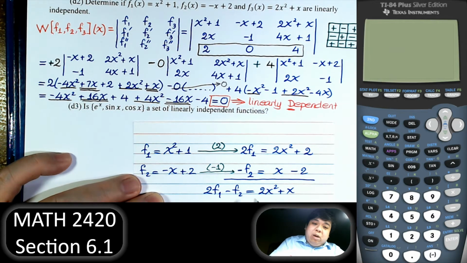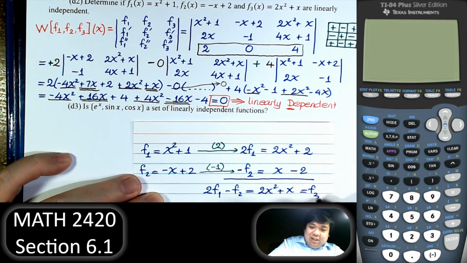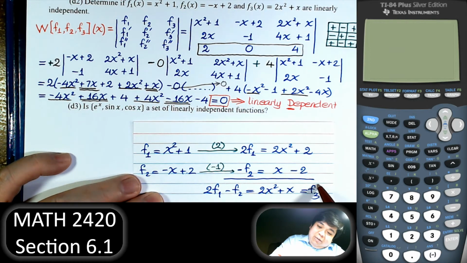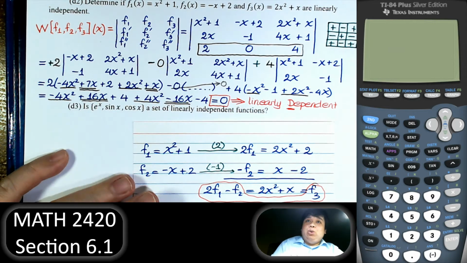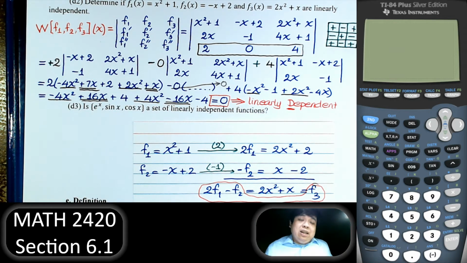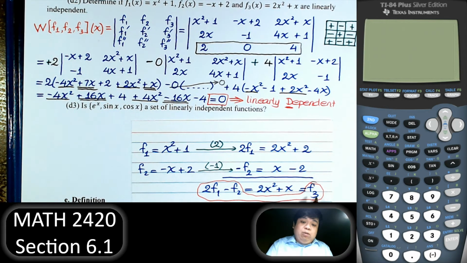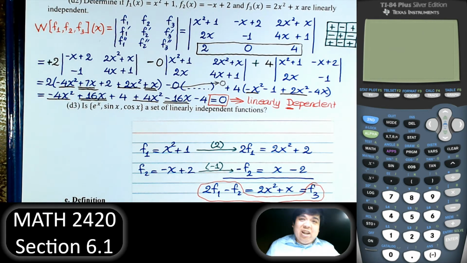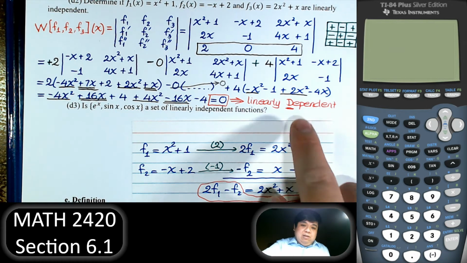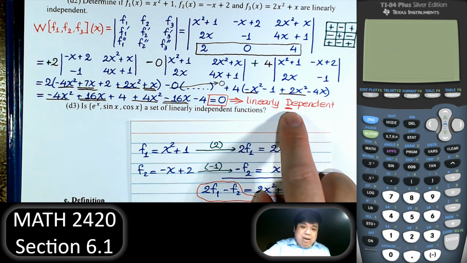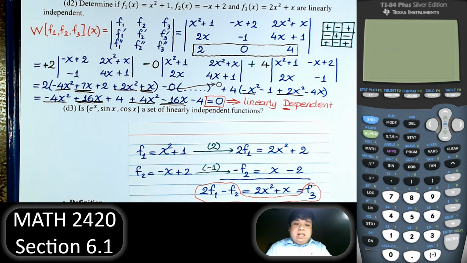By the way, 2x squared plus x, that is f3. So what we show is f3 can be written as a linear combination of f1 and f2. Because of that, they are linearly dependent. f3 can depend on the other two. So they are not linearly independent, they are linearly dependent, because the Wronskian equals 0.